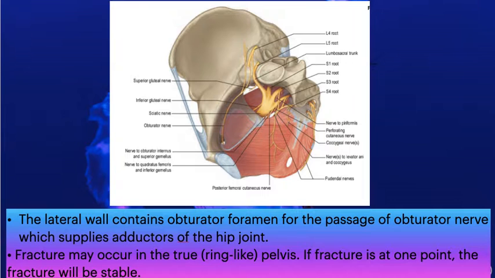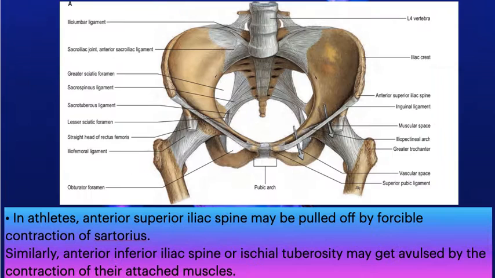Now, the lateral wall also contains the obturator foramen for the passage of the obturator nerve, as you can see, which is supplying the adductors of the hip joint. Now, fracture may occur in the true pelvis, and if the fracture is at one point, it will be stable.